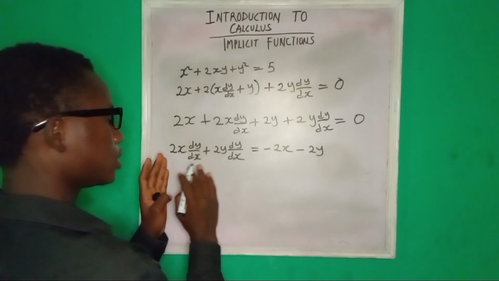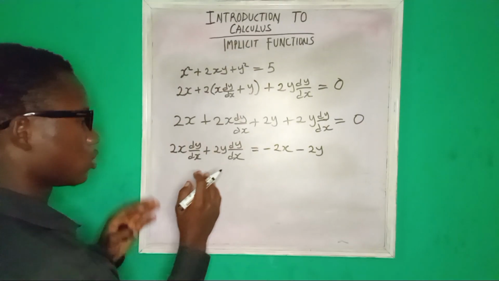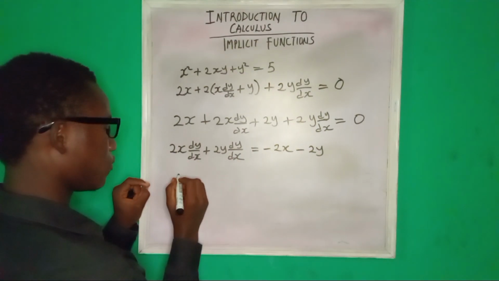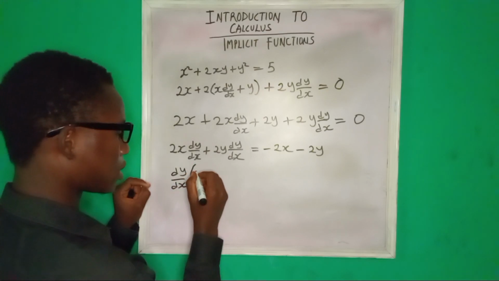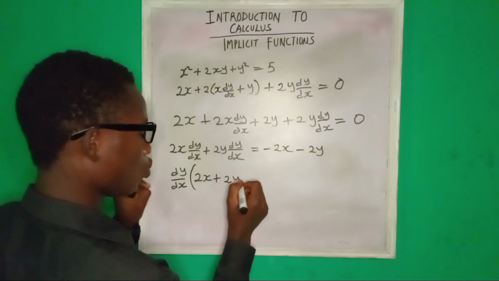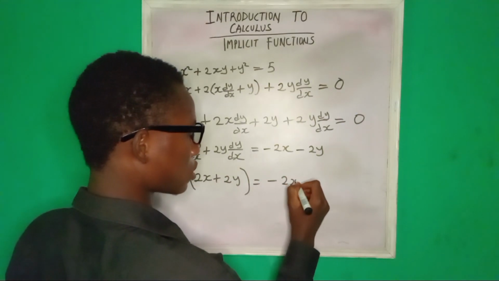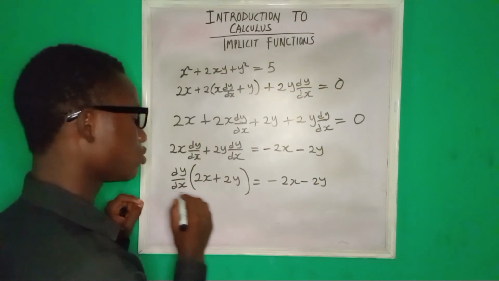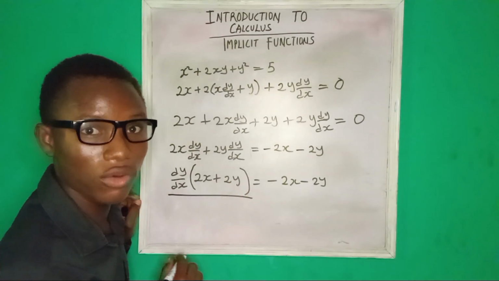So after bringing them to both sides, we bring the dy/dx out on one side. So here the dy/dx is common. We have dy/dx, open our bracket, 2x plus 2y, is equal to minus 2x minus 2y. So when we bring out our dy/dx, divide both sides by whatever is the coefficient of dy/dx.